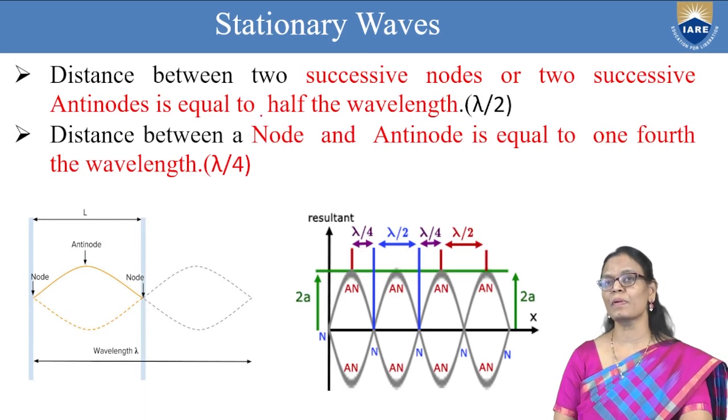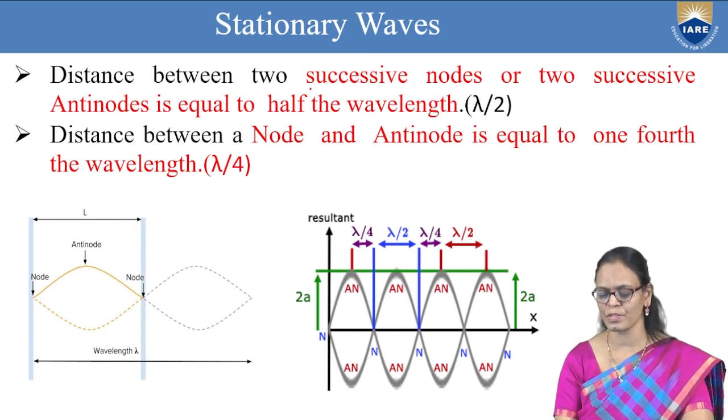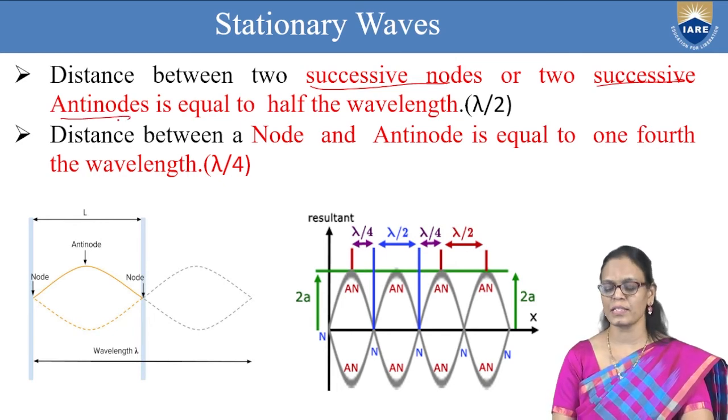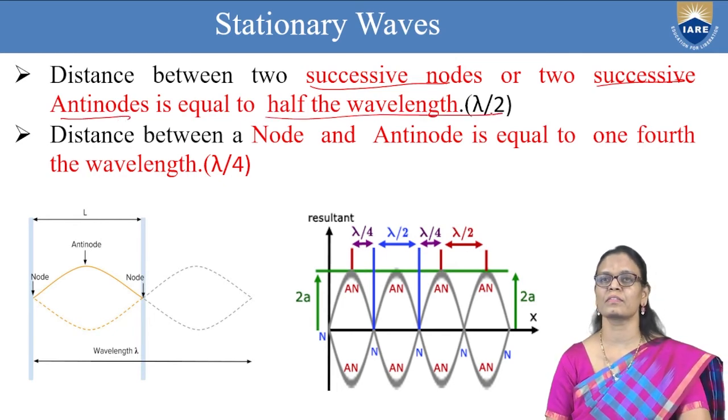Now, the distance between two successive nodes or two successive antinodes is equal to half the wavelength. So let us try to understand that. Now we will consider two nodes. This is one node and this is one node. And this is the third node.